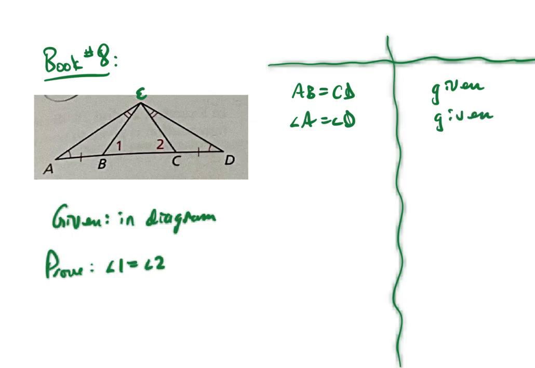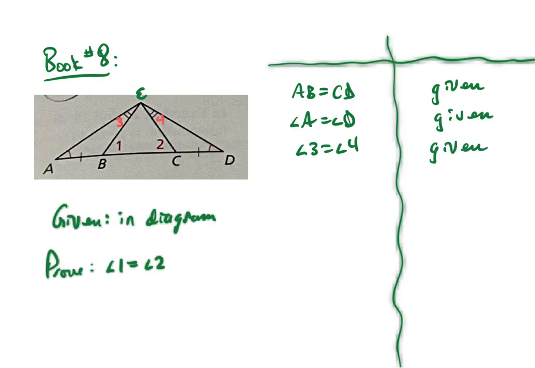And finally, the last thing that's given to us are these 2 upper angles at E, but instead of using all of the letters, I'm just going to choose to call that one angle number 3 and this one number 4, so I don't have to use all the letters. And you can always feel free to do that as long as you show me that on your picture, and that would be given.